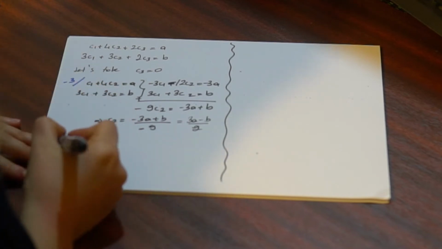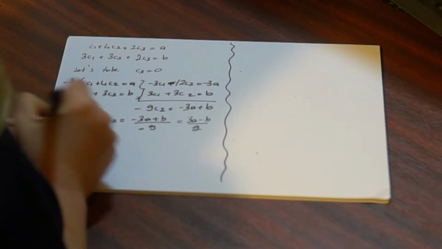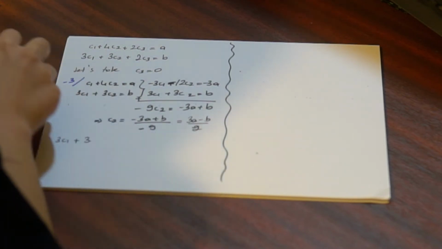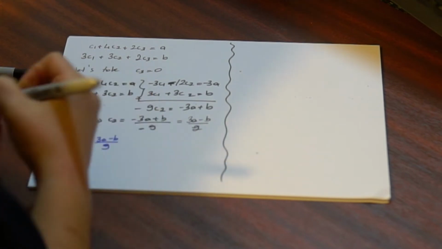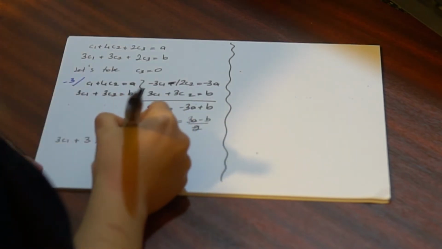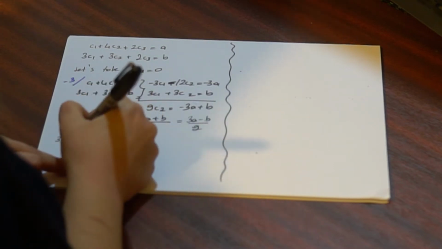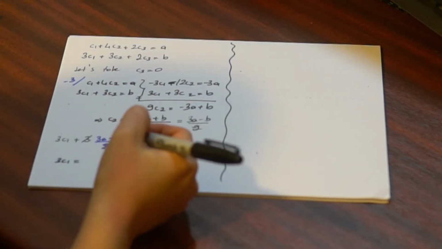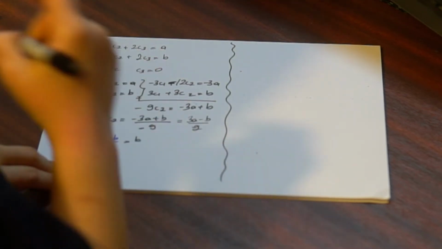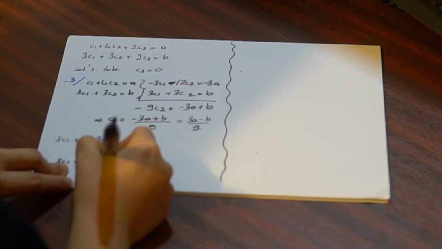And if C2 is equal to this one, then we will have 3C1 plus 3 times (3A minus B) over 9 is equal to B. So this implies that 3C1 is equal to 3B minus (3A minus B) over 3.